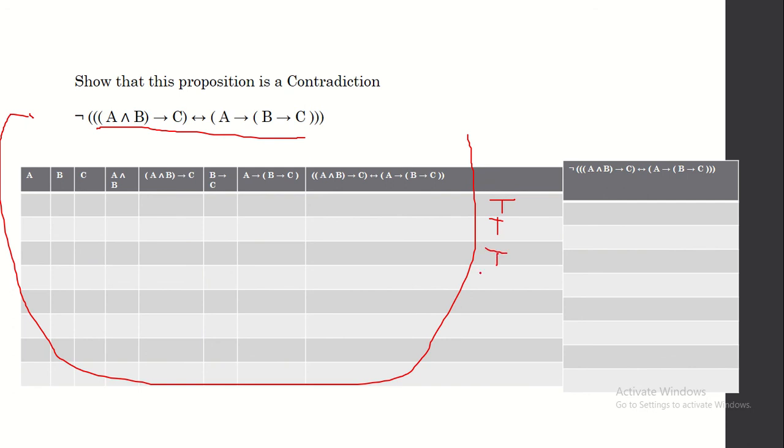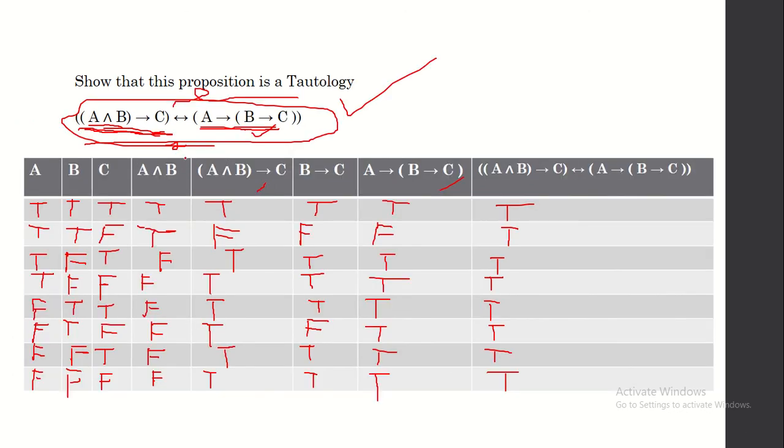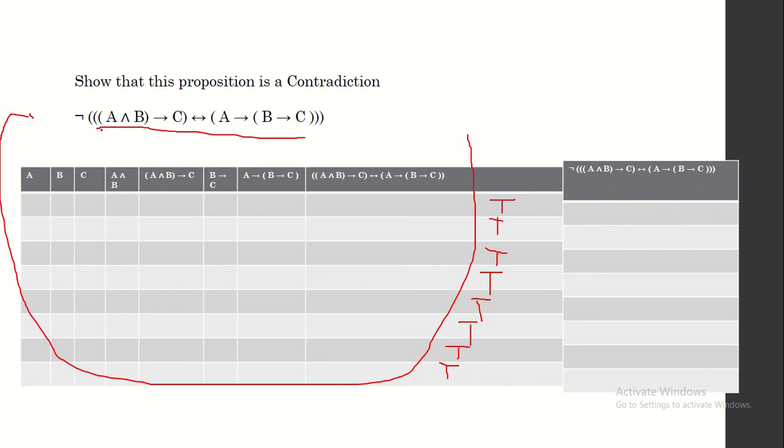From the previous example we know that all of these are true. Now we need to show that this is a contradiction. What's the difference between this and this example? This part was our previous example, so we have already done it. I have just written the values, which are all true.